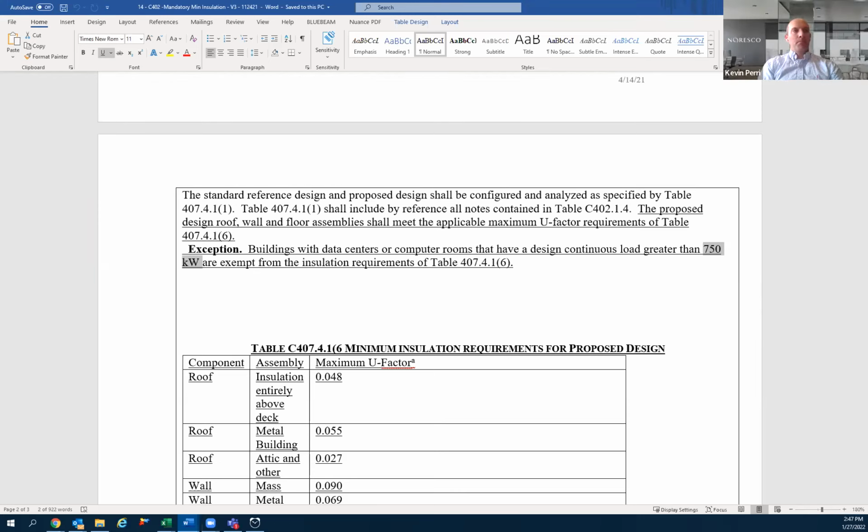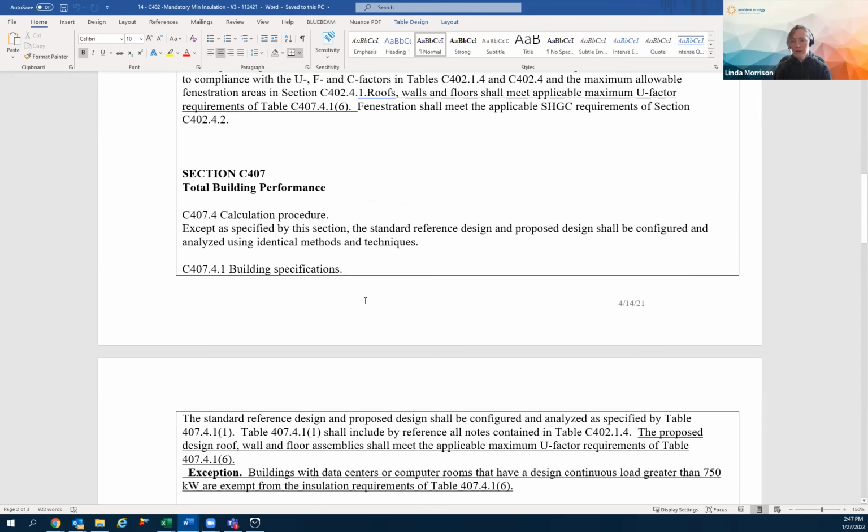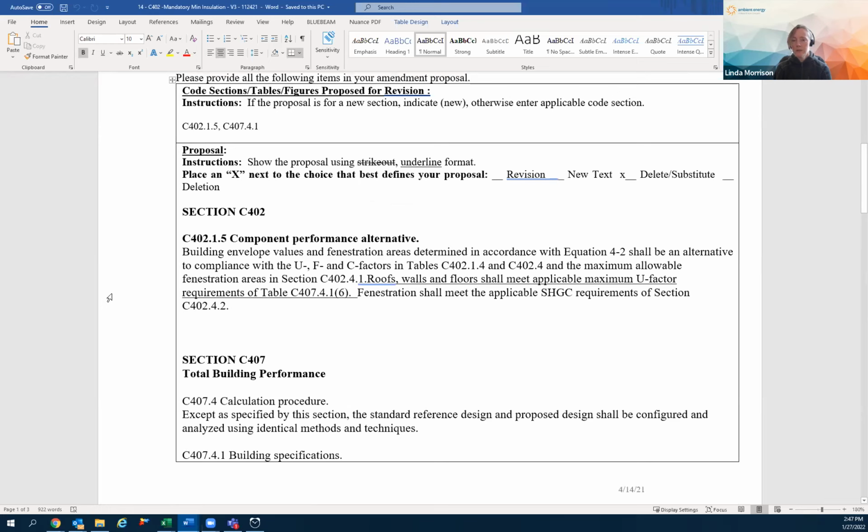Good afternoon. My question is twofold, and it's regarding the purpose itself. I have a question for the committee members on whether we're finding that there's a need for this, whether roofs have an insulation value less than 20, and whether walls commonly have an assembly value less than 15.